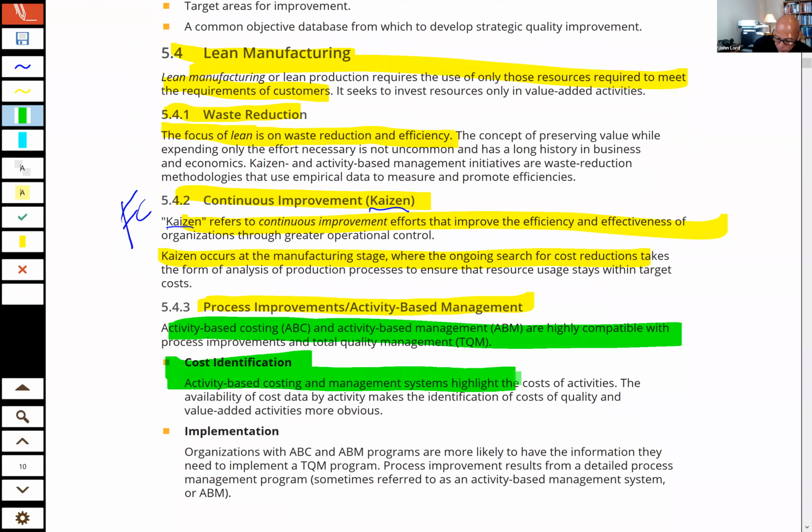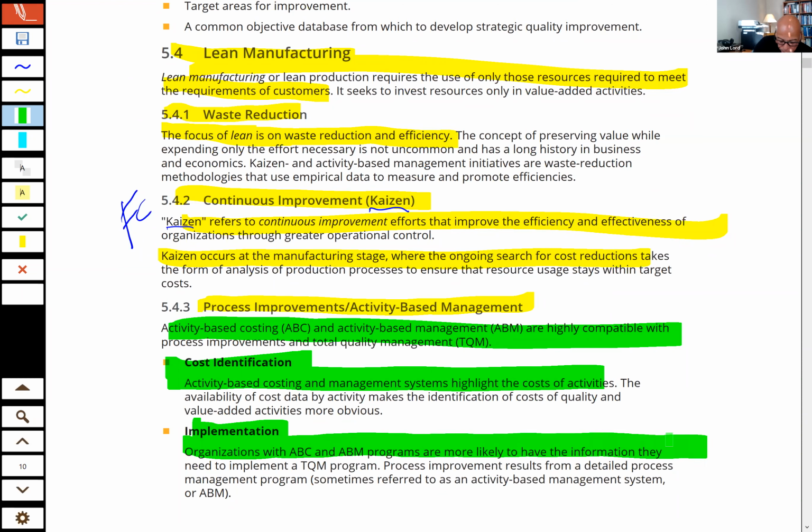Okay, and they basically highlight the cost of activities, and then we can turn around and try to implement changes to reduce those costs, but we have to have the information available to do that. I was involved in giving some comments on a study about activity-based costing that was being done at Stanford.